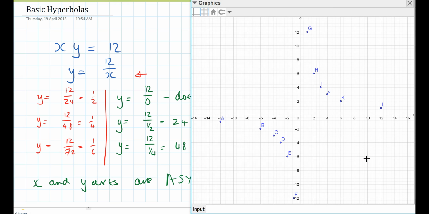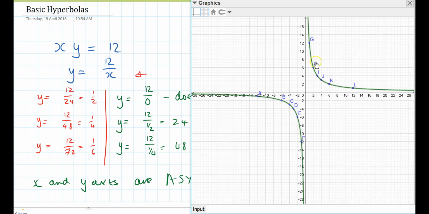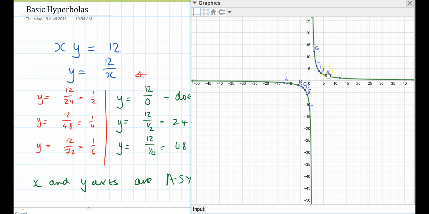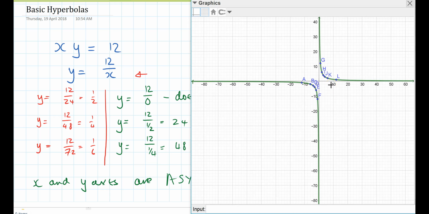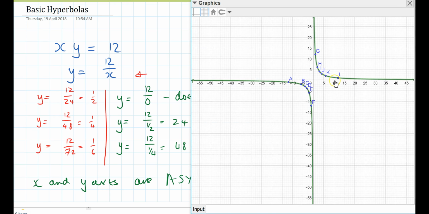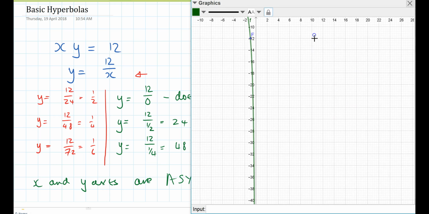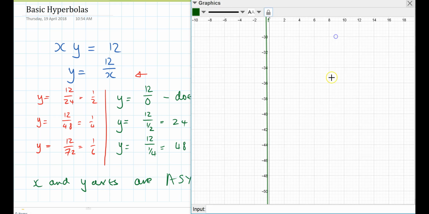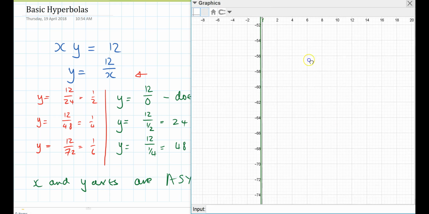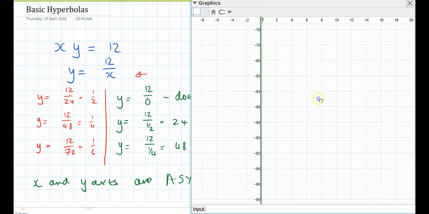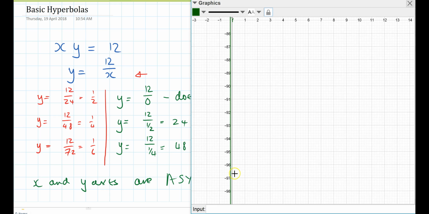So if I put the graph in, we're going to get this situation over here. And as I scroll out in this graph, you'll see that the line seems to be getting closer and closer to the y and x axis, but it never actually crosses it. I can scroll up here, you can see it's getting closer to it, but it's never crossing it. Go a long way down, it's getting closer to it, but if I zoom in, we'll see that there's still a gap over there.